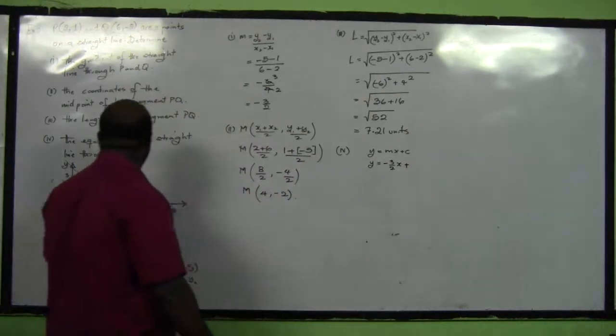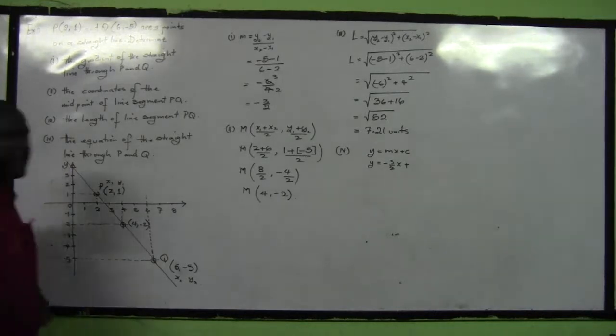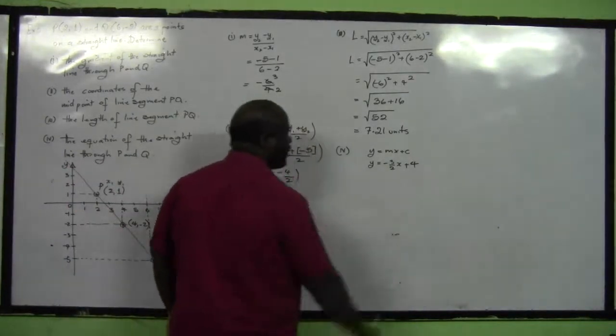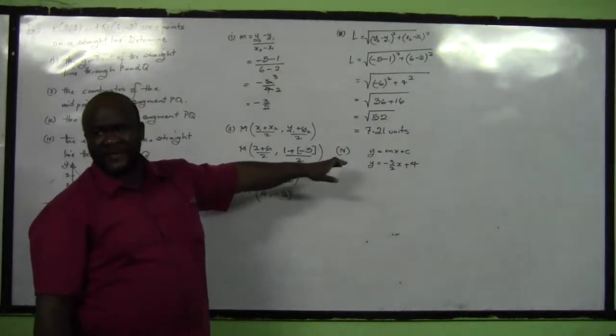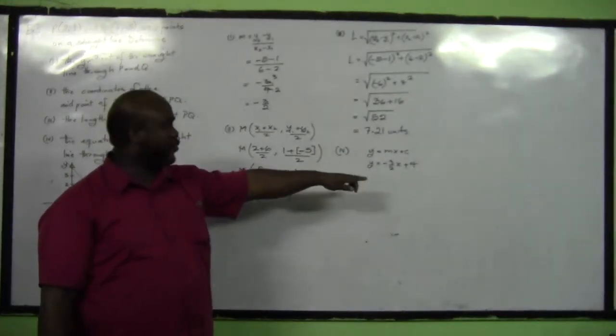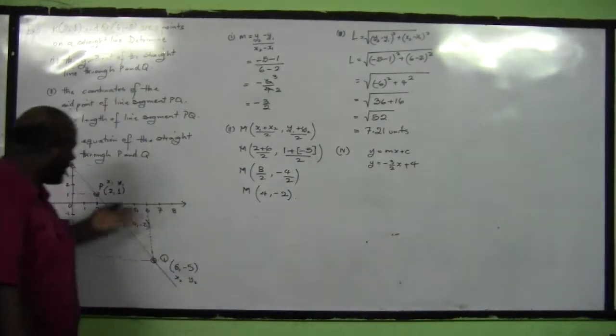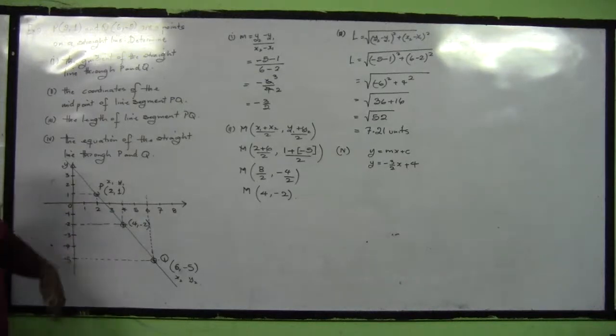What is c? C appears to be 4. So this would be the equation of the line: y equals minus 3 over 2x plus 4. From looking at the line, that's what it appears. Let us see if calculation will give us that.